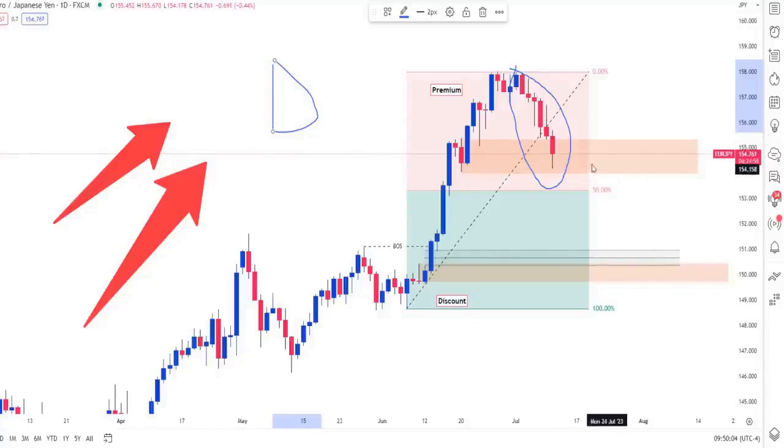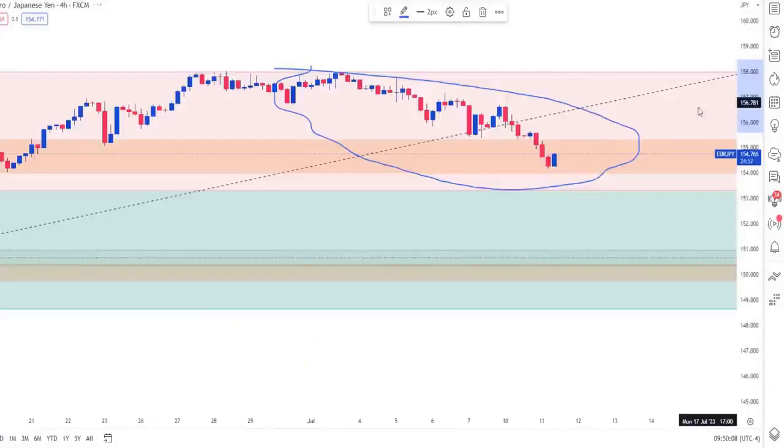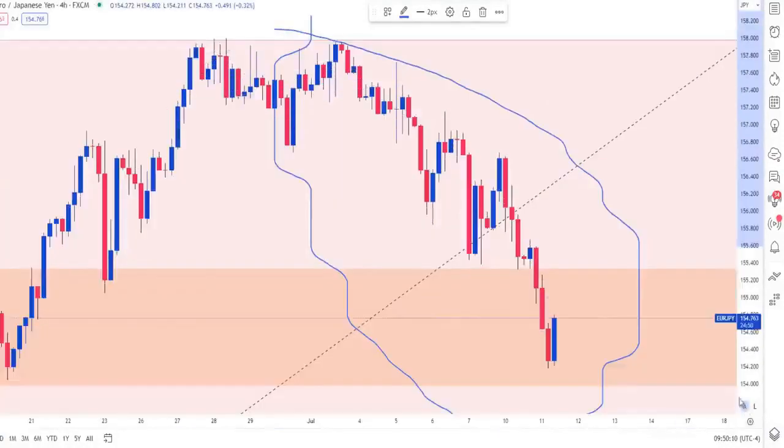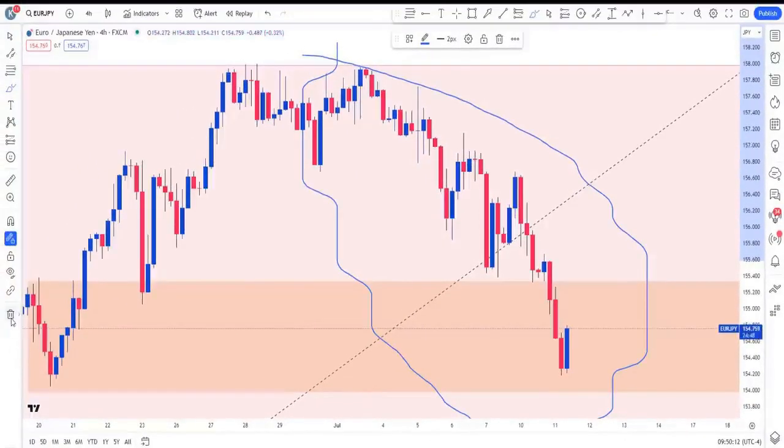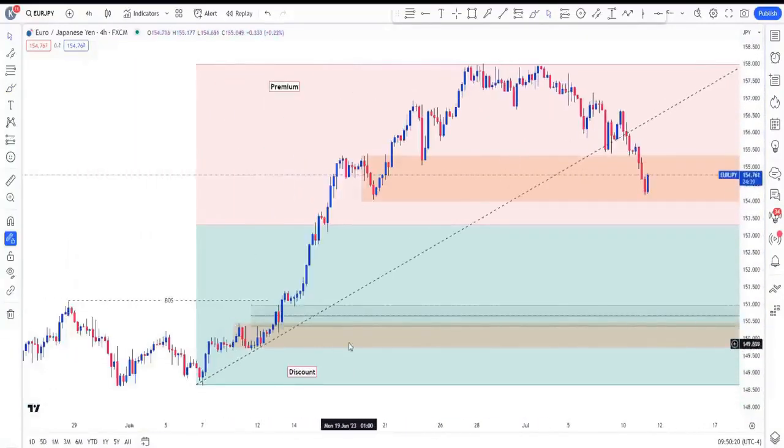So what you do is to drop down to the 4-hour time frame. After dropping down to the 4-hour time frame, now what you will do is to basically take advantage of that retracement coming down from the daily time frame and find trades, knowing that this is your point of interest.